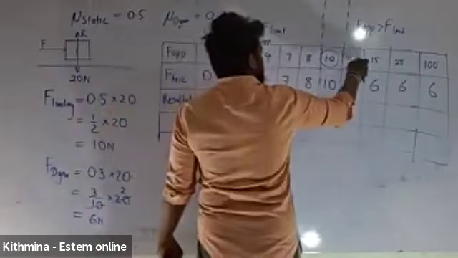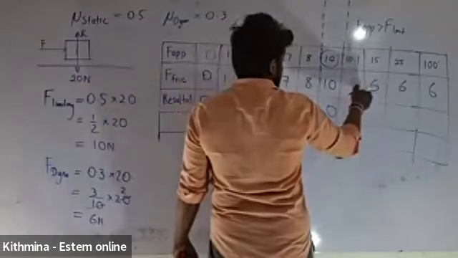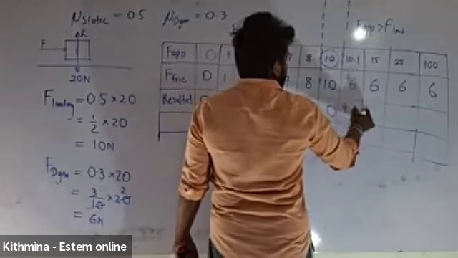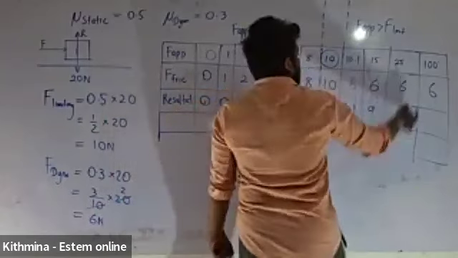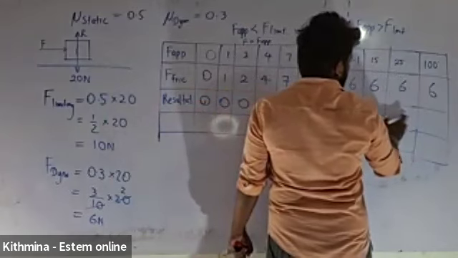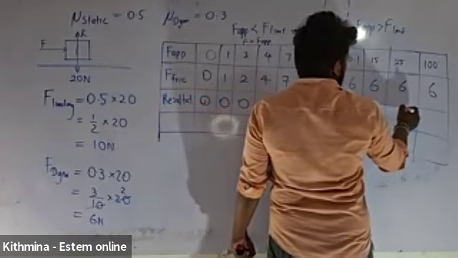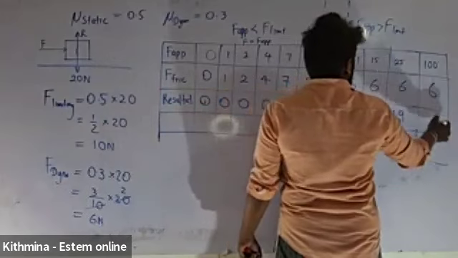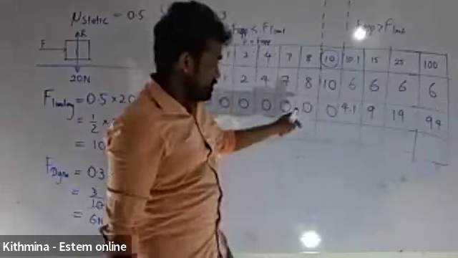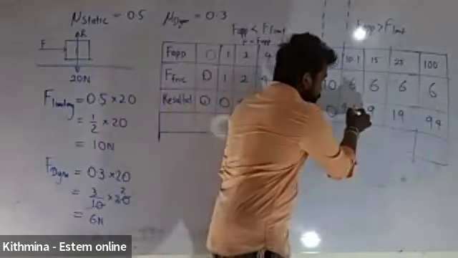But here, 10.1 minus 6 is 4.1, then 9, and so on. That's how they are moving with this resultant force.